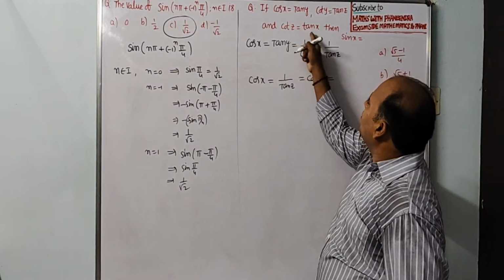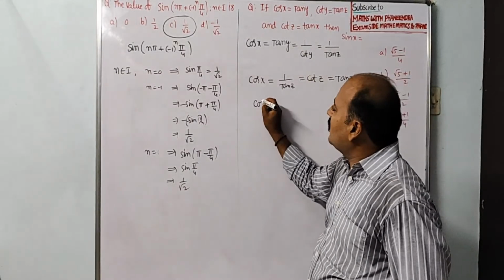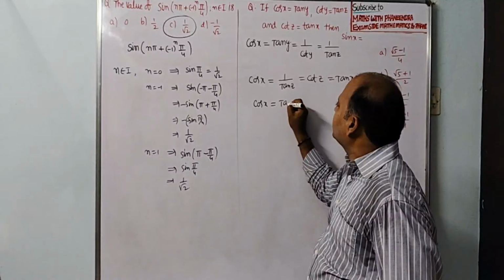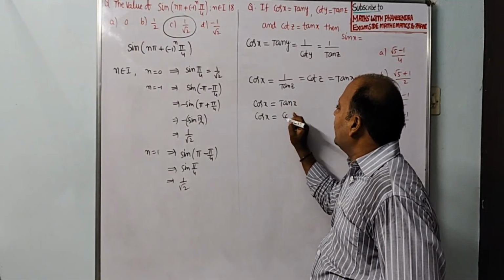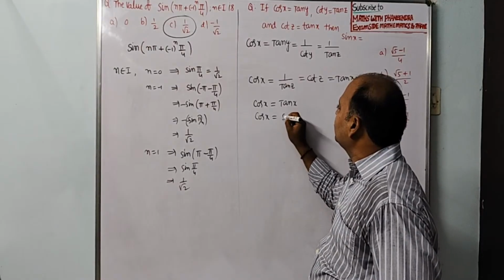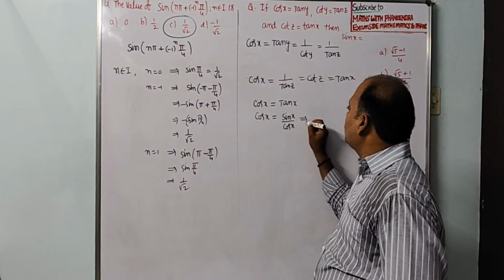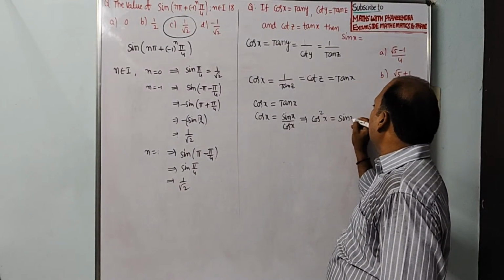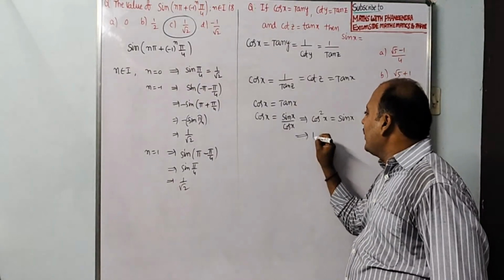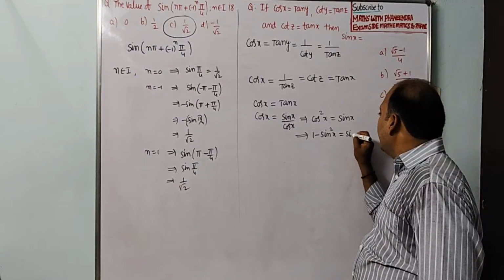So cot z value is given as tan x. Am I right? So therefore cos x is equal to tan x. So cos x is equal to sin x by cos x. If you do the cross multiplication, cos square x is equal to sin x. Cos square x means 1 minus sin square x only now, equal to sin x.